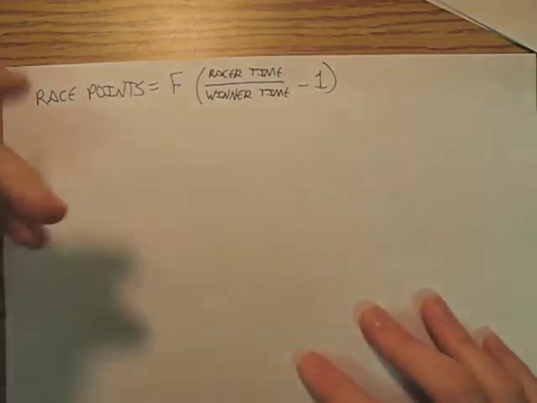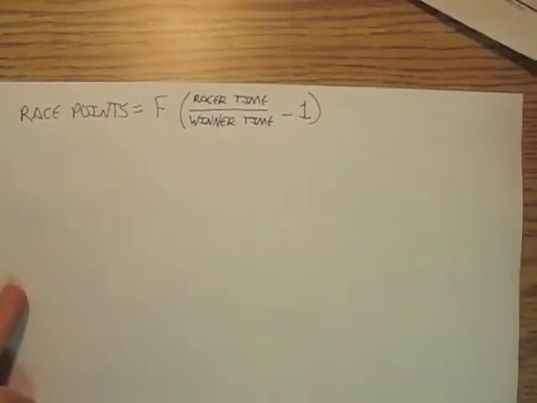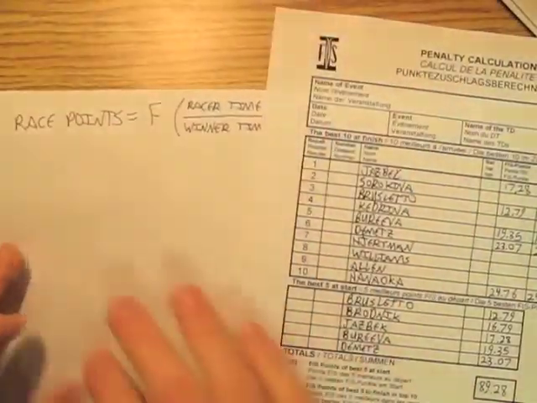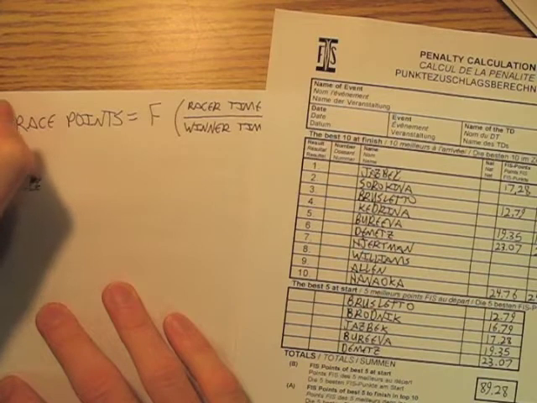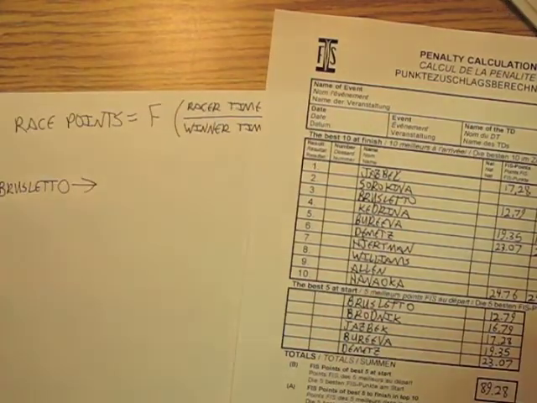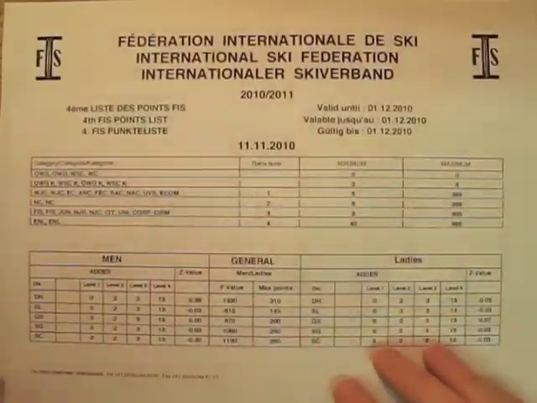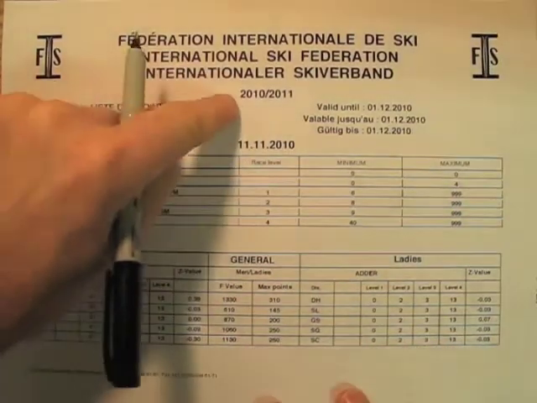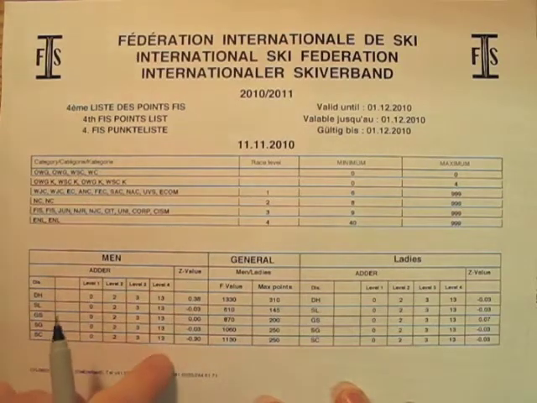So now my F factor, so let's look, we're going to look at Brusletto. The F factor is found here on the first page of the points list that goes along with that race.